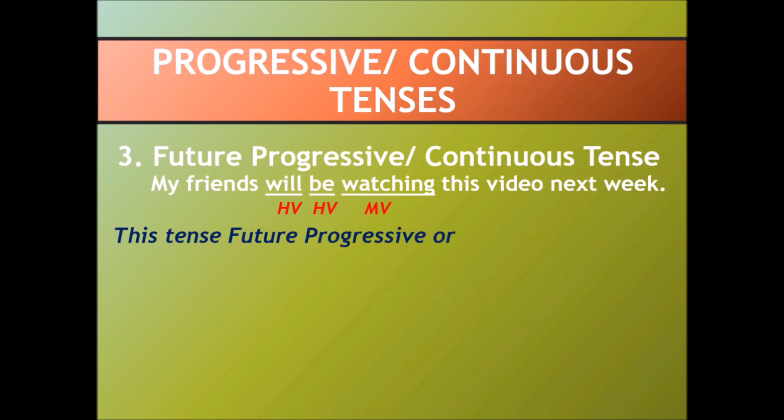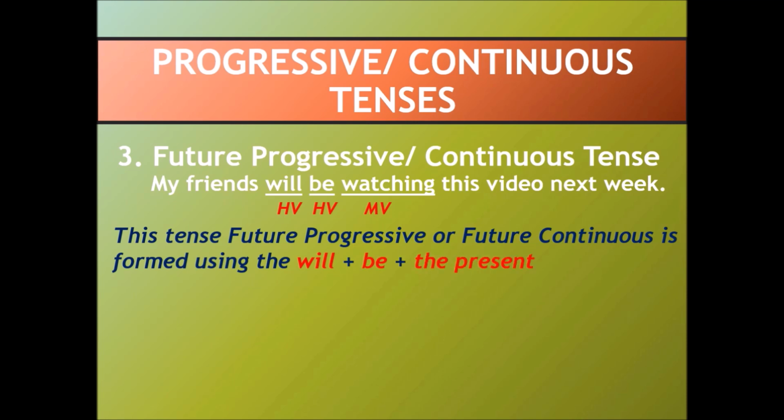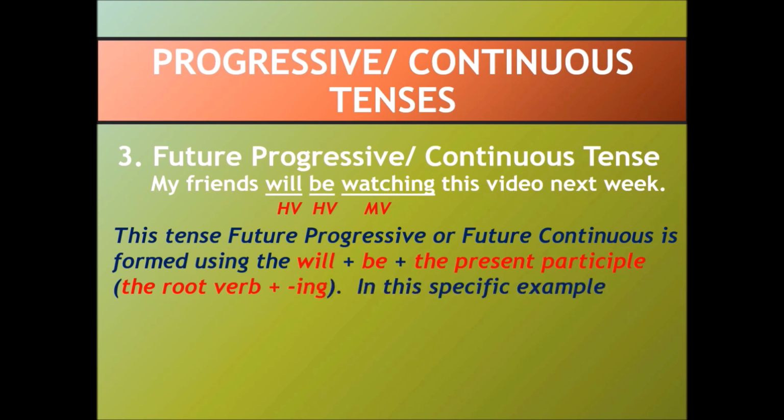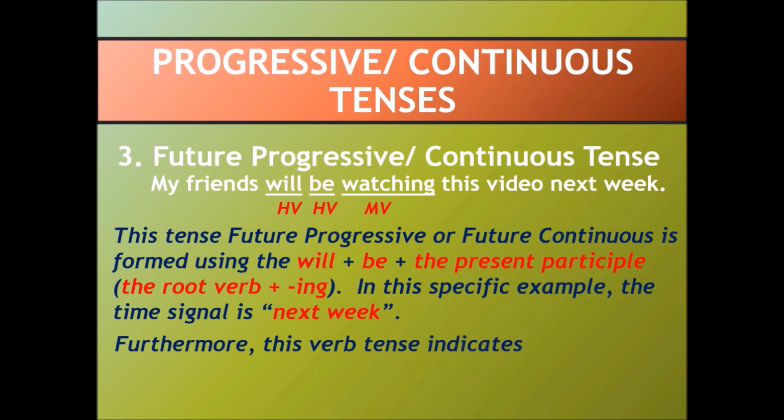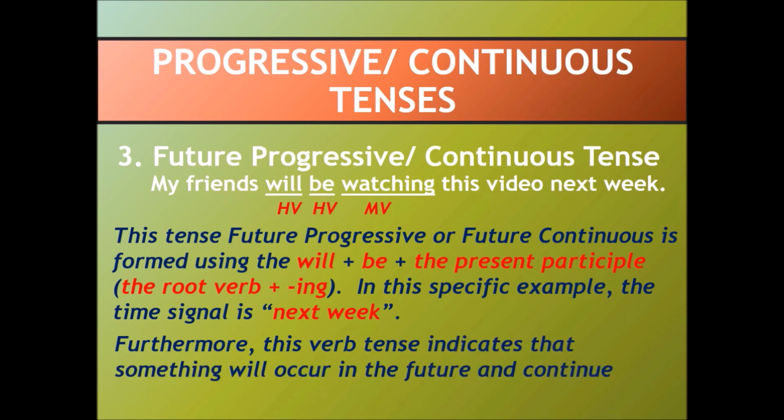This tense, future progressive or future continuous, is formed using will plus be plus the present participle, or the root verb in ing form. In this specific example, the time signal is next week. Furthermore, this verb tense indicates that something will occur in the future and will continue for an expected length of time.